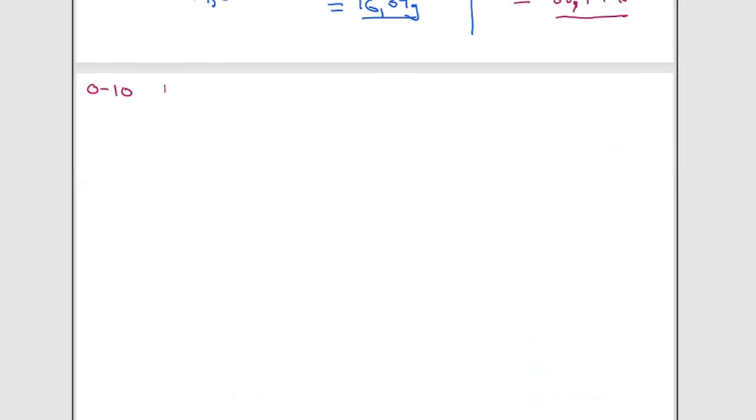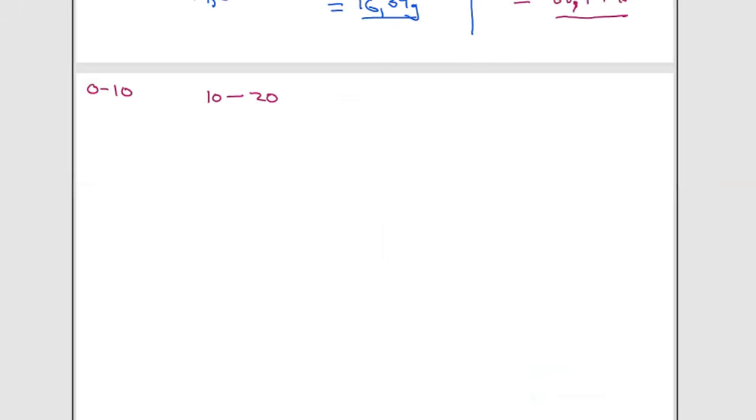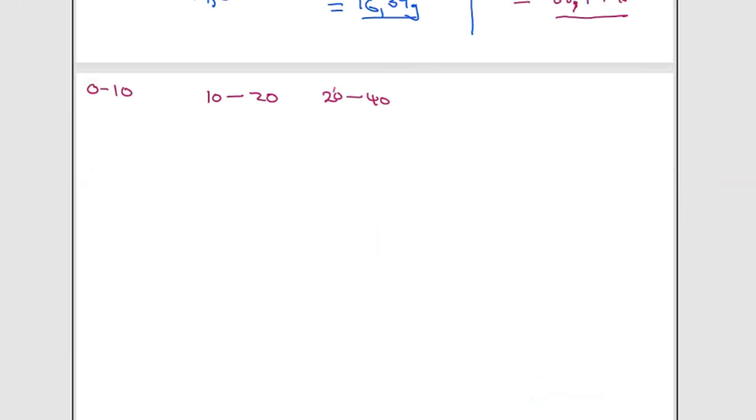After that, the third one is from C to D, which is 20 to 40. And then the other one, from D to E, is from 40 to 60, as my final part, right?